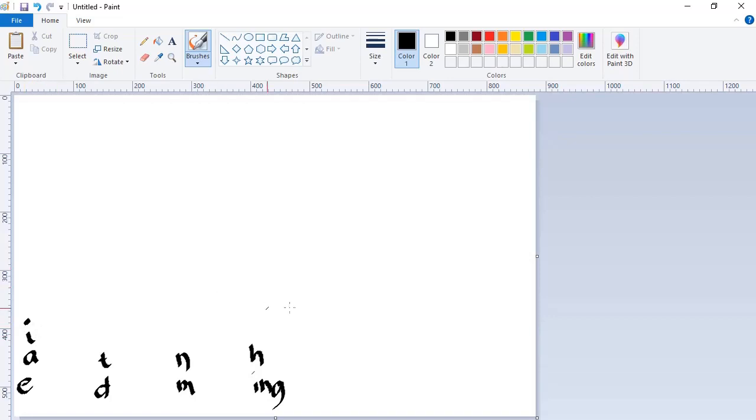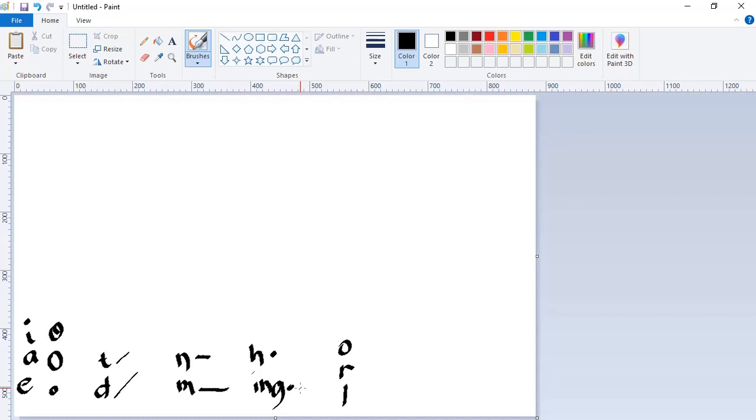So now let's have the O, R, L. So we have I, A, big circle, E, small circle, T, short slanting line, D, longer slanting line, N is a sleeping line, M is a longer sleeping line, H is the period on the first part of the word, and ING is the period at the last part of the word.